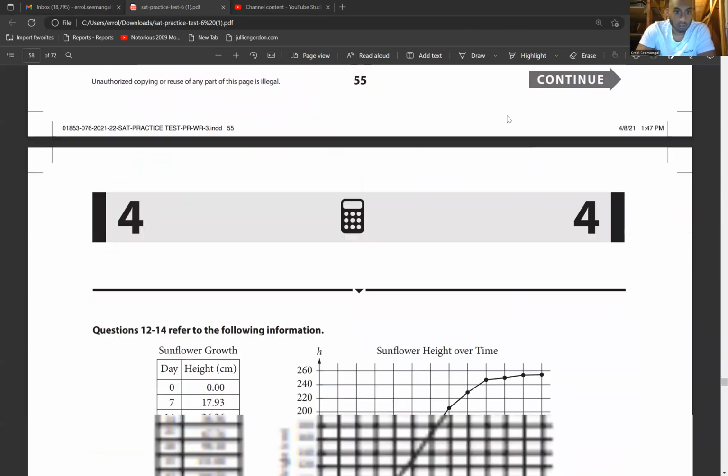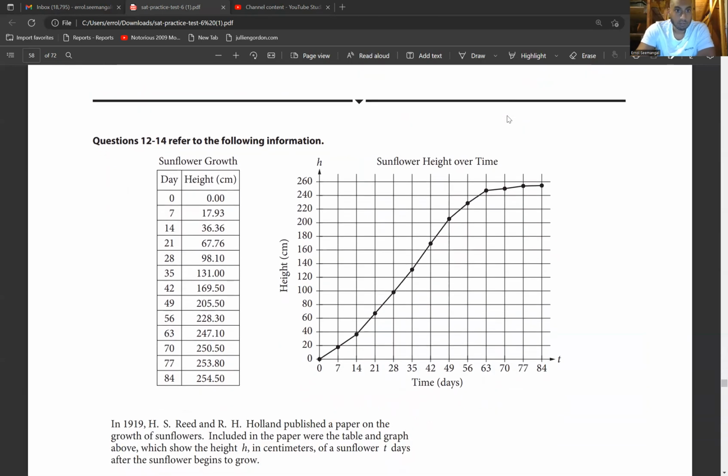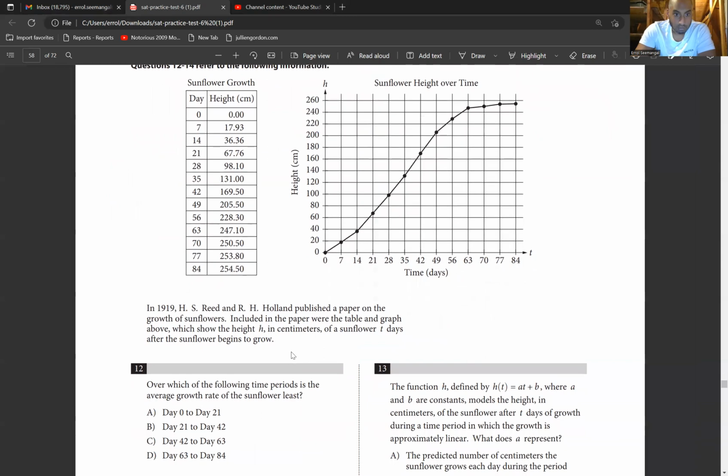Okay, 12. Okay, so they give us that graph. Over which of the following time periods is the average growth rate of the sunflower least? 0 to 21.